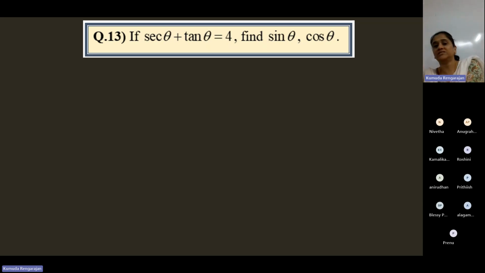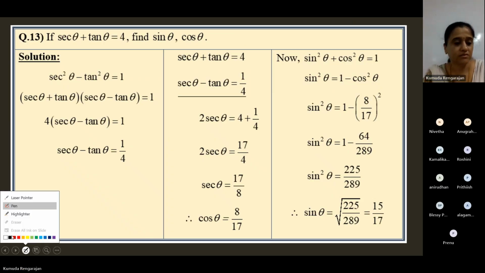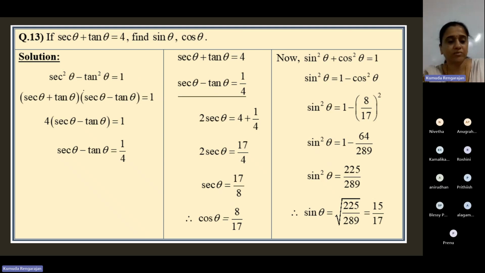And find the value of secant theta and tan theta. You can write the equations one below the other and find the value of secant theta and tan theta, like linear equations. That's all. That's the procedure here. So what I explained: secant theta plus tan theta is 4, so secant theta minus tan theta is 1 by 4. The steps I've shown here.